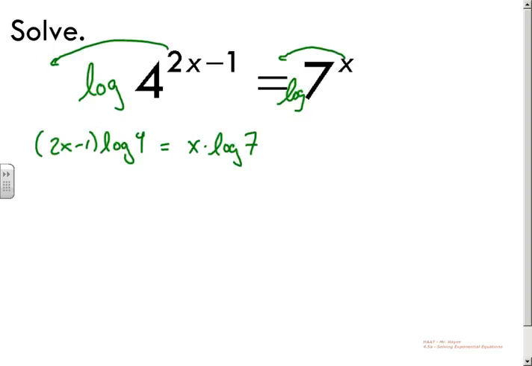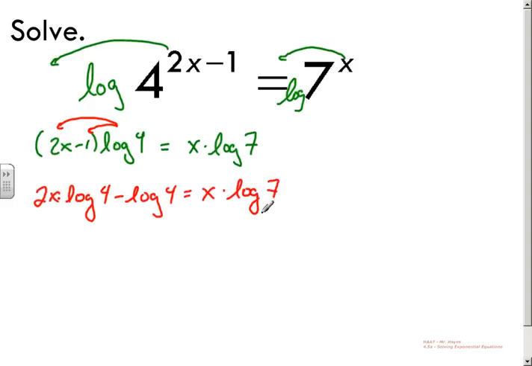So now we'll distribute this to each part here, and again have the log be the trailing part. So I'm going to have 2x times log of 4 minus log of 4 is equal to x times log of 7. We need to move all the x's to one side, everything else on the other.